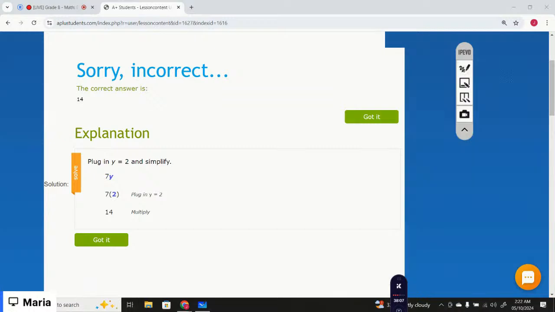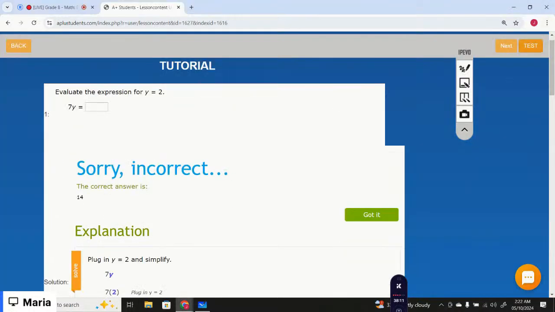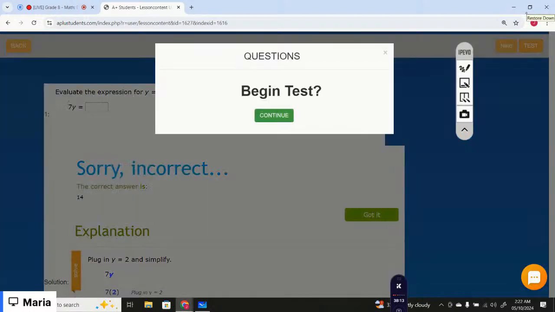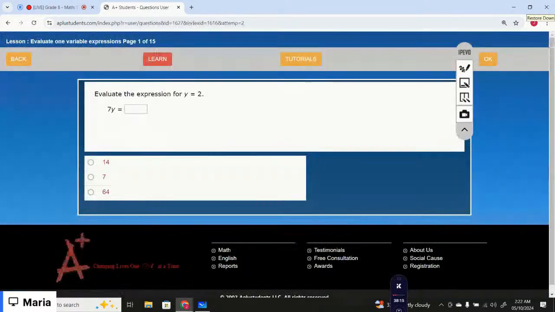Okay, let's just start with the test questions. Evaluate the expression for y equals 2. That's the one we just did in the tutorial. So which is the correct option?